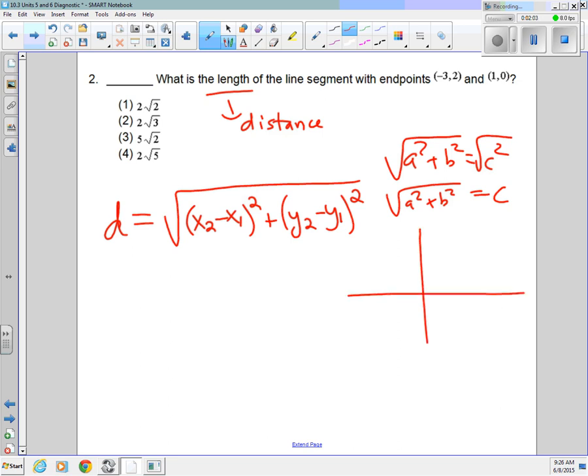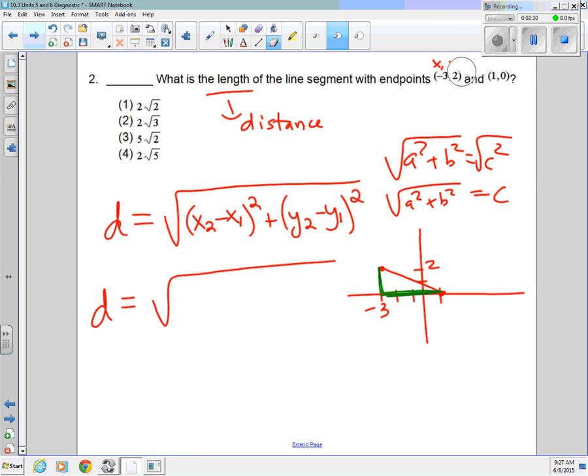Just to give you another visual of this, I have negative 3 comma 2 and 1 comma 0. So I want the distance from this point to this point. So again, your change in x's would be here, your change in y's would be here, and that's what's going in the formula. Okay, so my distance, so again, I would cross out here, square root of, I would label these first, x1, y1, excuse me.